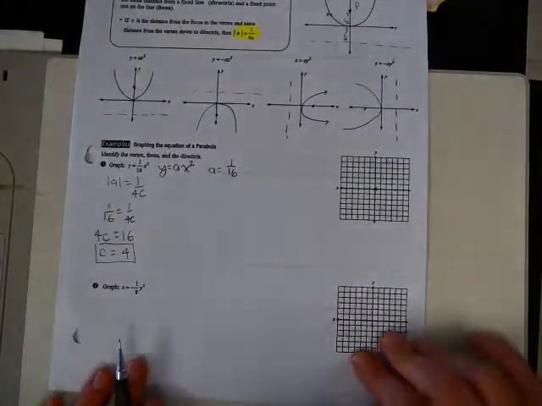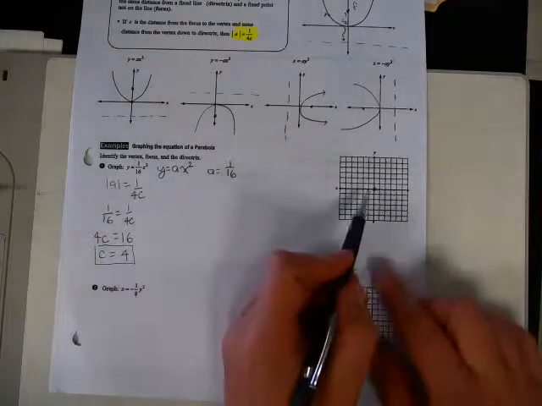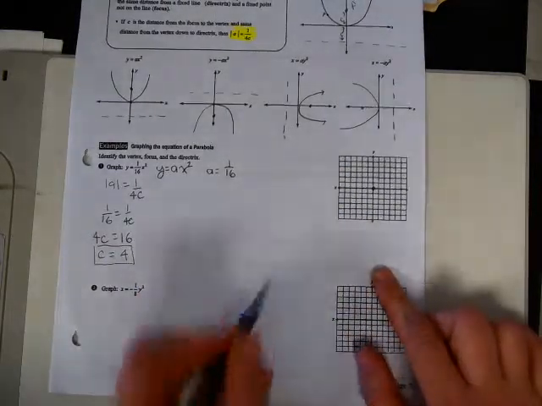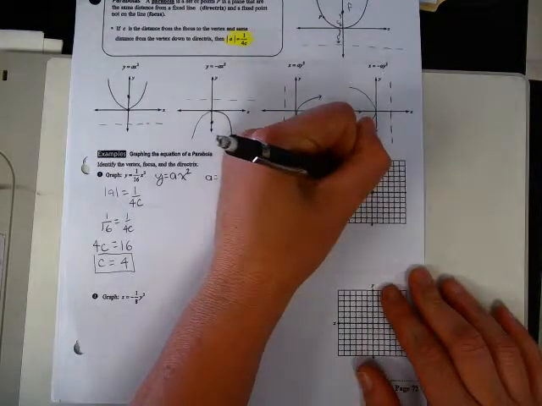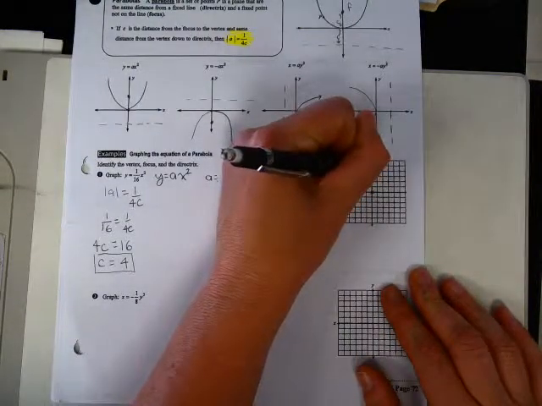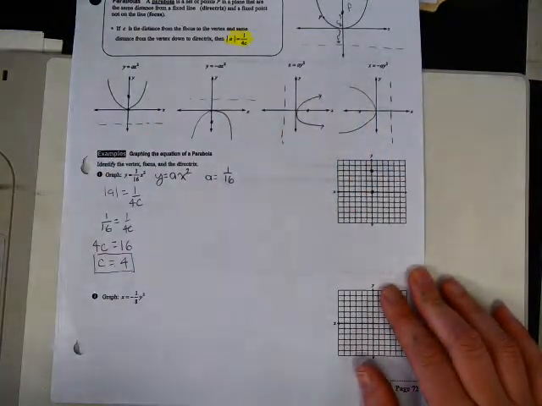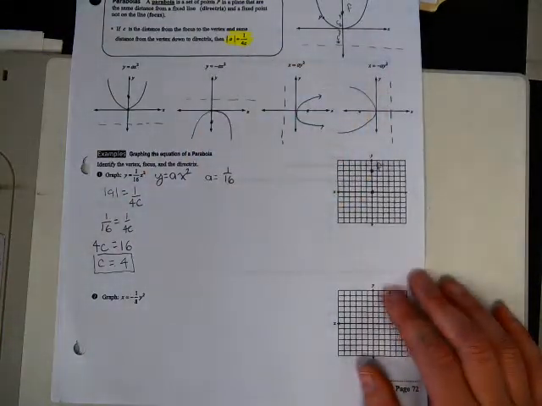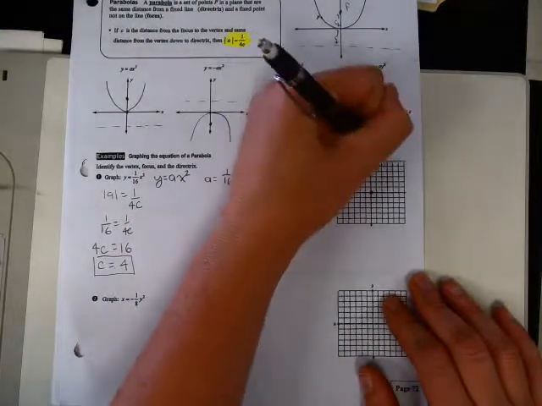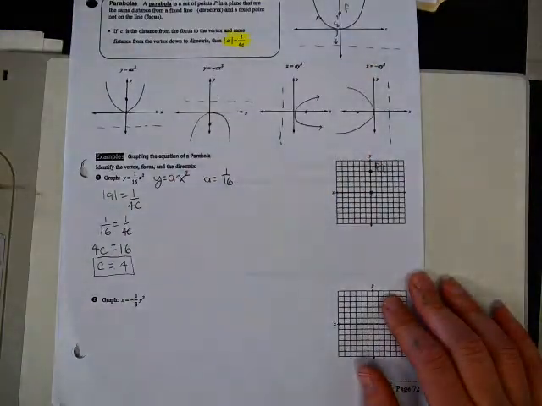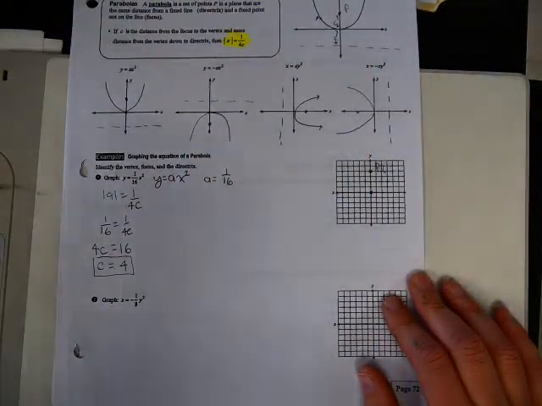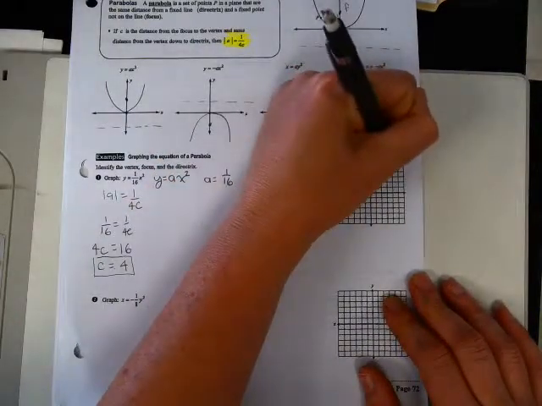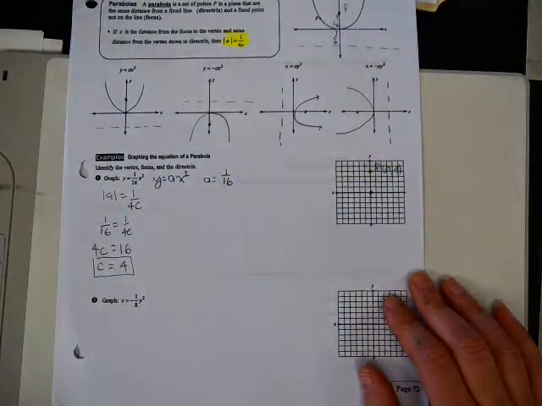So since my parabola opens upwards, I know that my focus is going to be 4 units up from my vertex. 1, 2, 3, 4. Here is my focus. I will label it F. And I know that the coordinate of my focus, it's a little hard to see, is (0, 4).